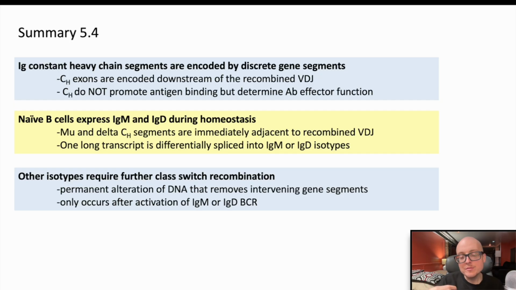But if a B cell becomes activated, it begins to express AID, and if we have the right cytokine in the environment, that is going to induce the process of class switch recombination, which is a permanent alteration of the DNA that is going to remove intervening constant heavy segments and confer expression of a new isotype.